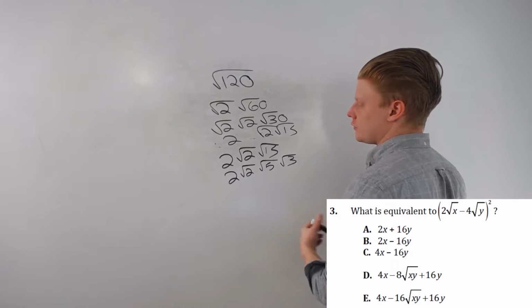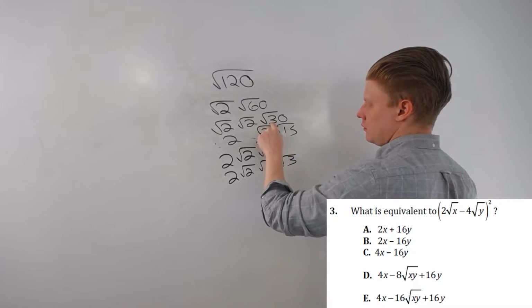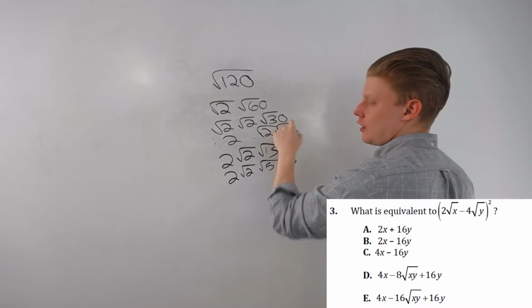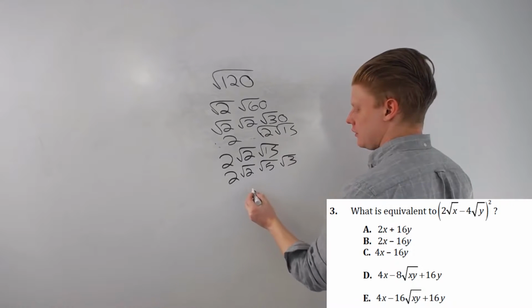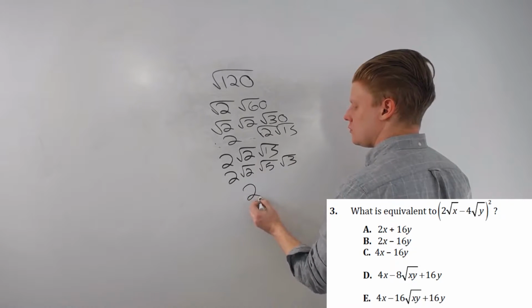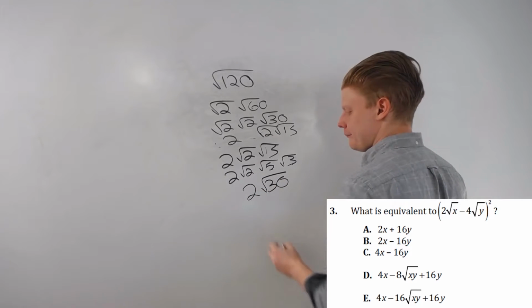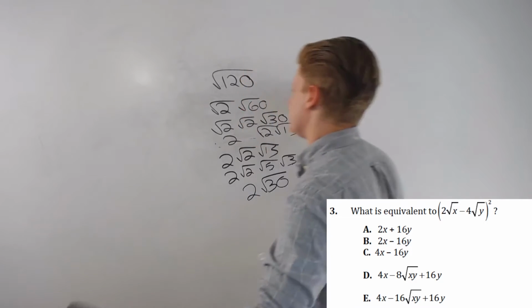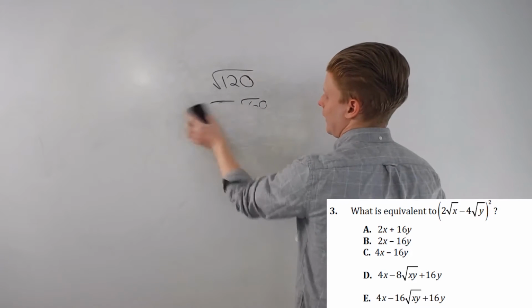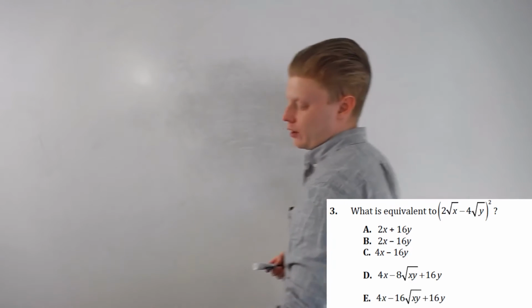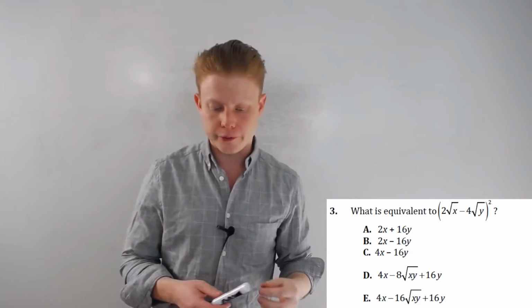So there's no perfect square that will come out of the 30, basically. So I'm going to be left with just this 2, and I just multiply these back together to get back to the square root of 30. To be honest with you, unless you're really comfortable with that, I would just set my calculator output to do that for me automatically. It's not that hard to do.